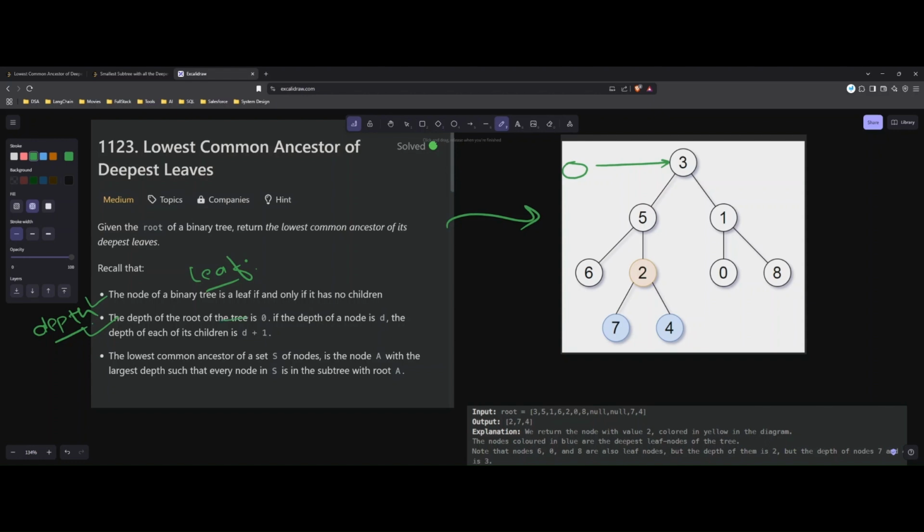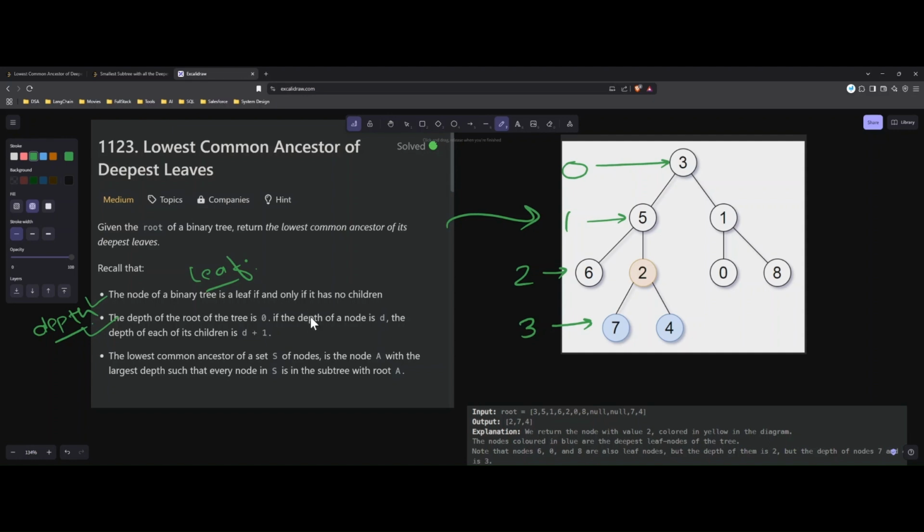The depth of the root node is 0. Then we go to the next level, where the depth increases to 1, so 5 and 1 have depth 1, and so on. Going below, the depth increases to 2, and in the end the depth is 3. This is the second point we are taking care of.